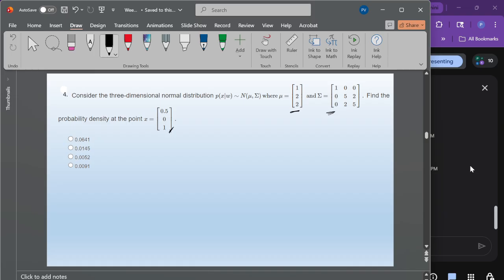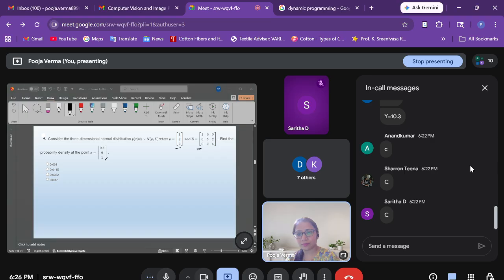Mean and covariance matrix are also given. We need to find the density for the given point. So how can we find it? Anyone, any idea how we can solve this question?